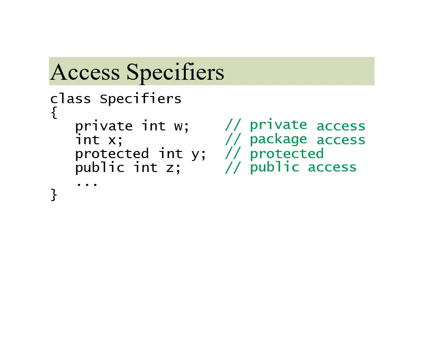Package access only allows you to get to x from within this own class or from a class in the same package. Protected means you can directly access y from its own class, the class in which y is declared, from any subclass, and from any class in the same package as the specifier's class.